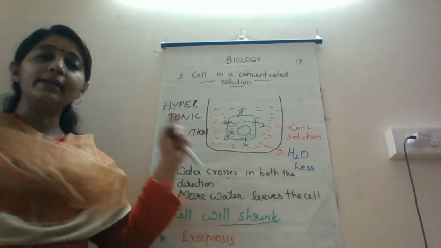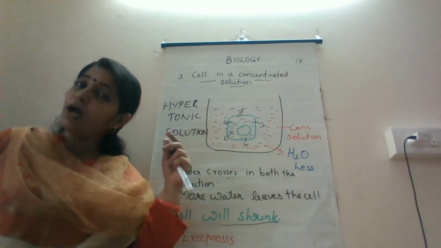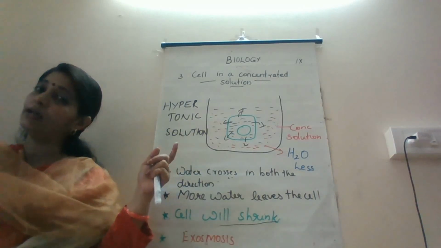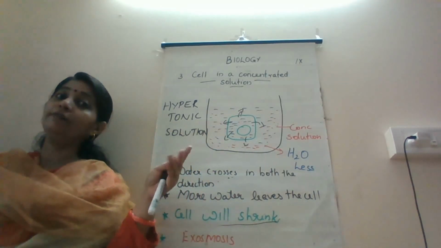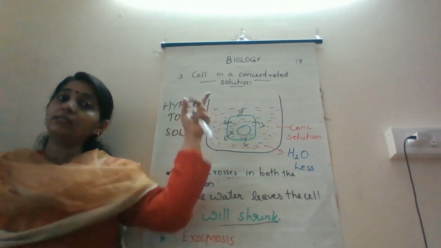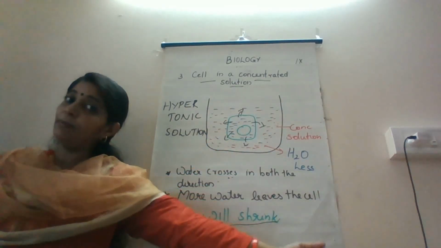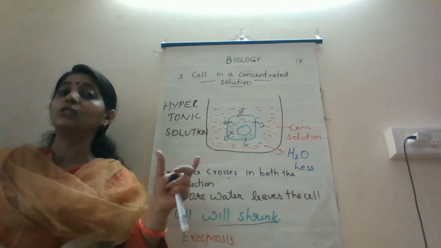For example, I can give one example for you to understand the concept. Think about a hypotonic solution. When we keep the cell in a hypotonic solution, the water enters the cell and the cell swells up. Hypotonic means water concentration will be more outside, so the water will have a tendency to move inside the cell and the cell swells up.